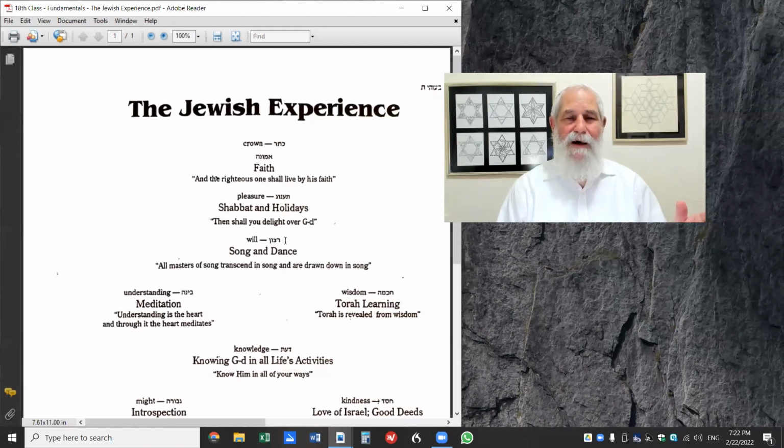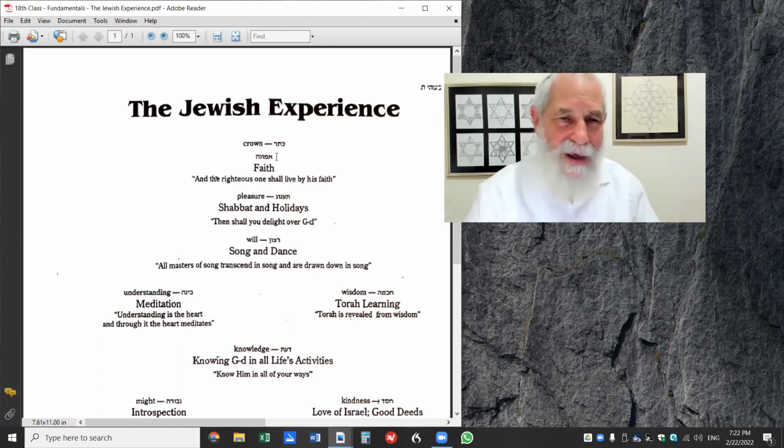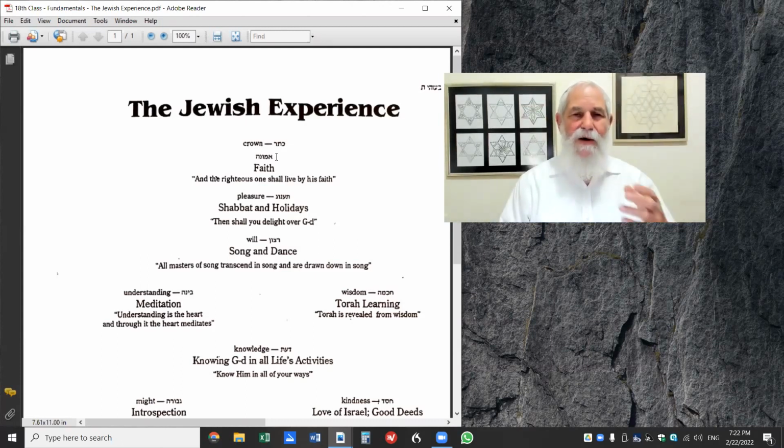And we explained there that the word for art is umanut, which is the same root as emunah, faith. And here we see that faith means faith in one's own talents, faith in the gifts that God gives us. But when we develop them through ratzon, through will.